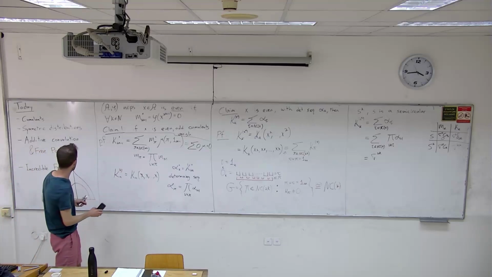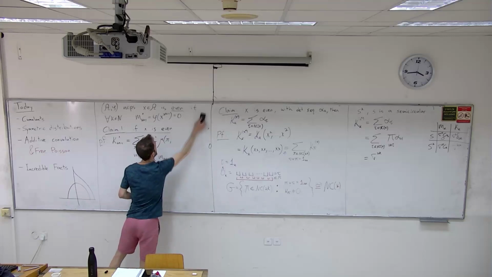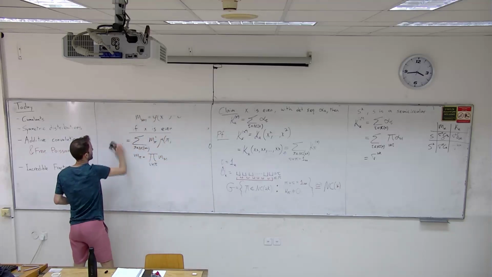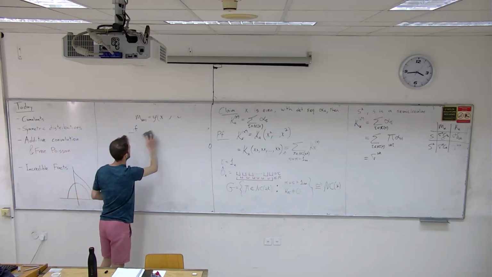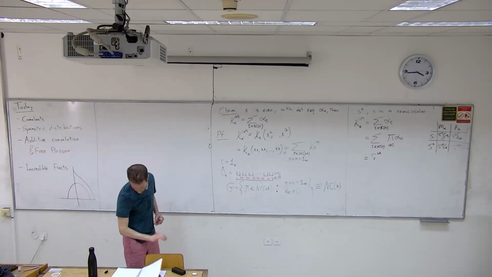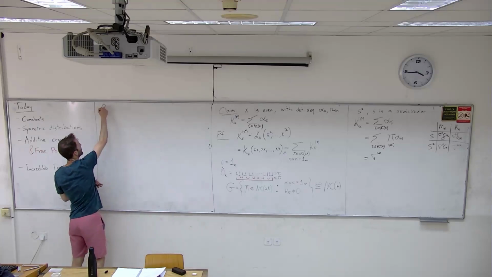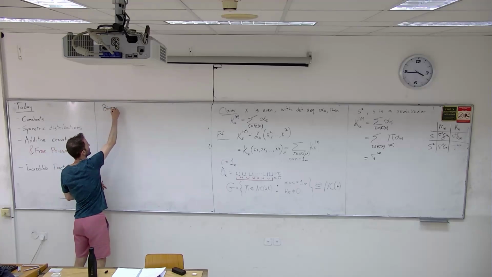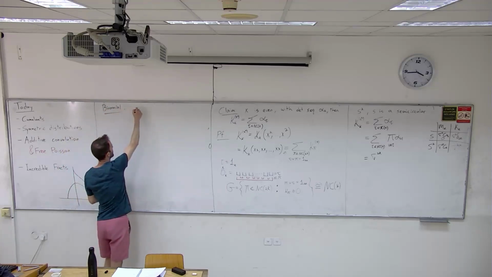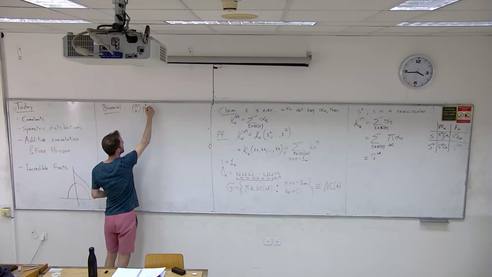So now I want to talk about something else, which is a Poisson element. First, to get some context, we know that a binomial random variable looks like N choose k, p to the k, 1 minus p to the n minus k.